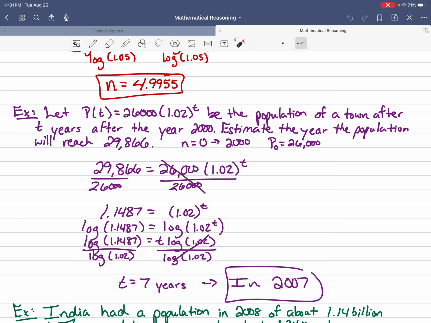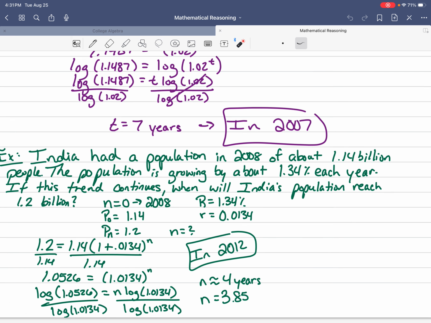We're wanting to solve for t, so you're going to divide by log 1.02 on each side. Log 1.1487 divided by log 1.02 is going to come out to 7 years. It wants to know estimate the year though, so 7 is not your final answer. This is t years after 2000, so this is 7 years after 2000, meaning that would be the year 2007.